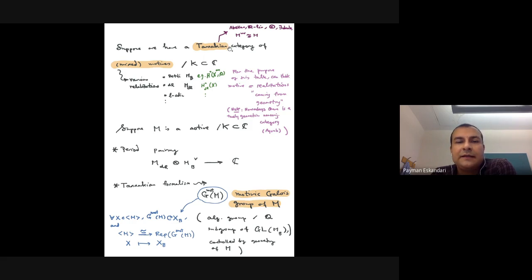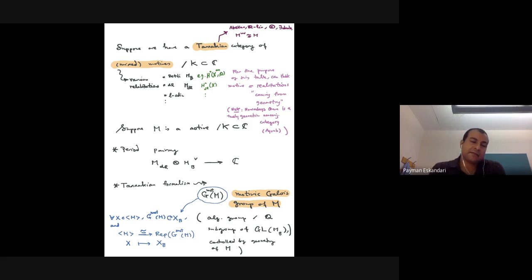Now, you want to relate that to geometry, right? So that's where this word Tannakian comes into the picture. A Tannakian category is a category which is abelian, Q-linear, there's a tensor structure, you have duals, and there's a canonical isomorphism between each object and its double dual.